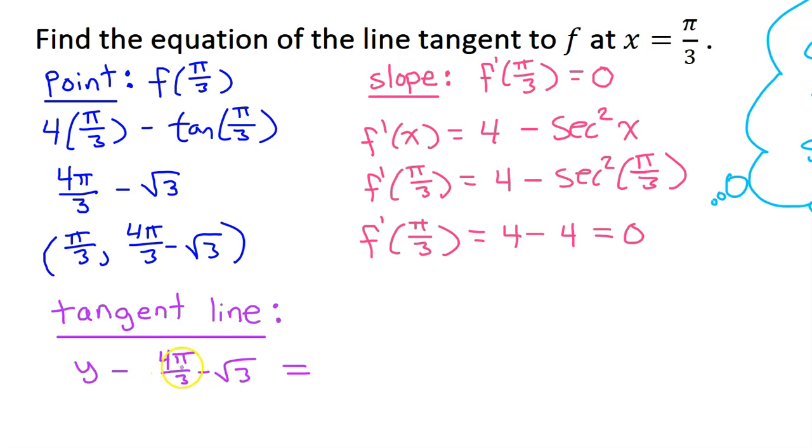Because we are subtracting and there's more than one term, we either need to write this in parentheses, which is what I normally do, or you need to distribute this minus sign and turn this into a plus. So I'm going to write it like this, but just to be clear, another option would be to write it like this. So that's y minus y is equal to the slope, which is 0, times x minus x. So that's x minus pi over 3.